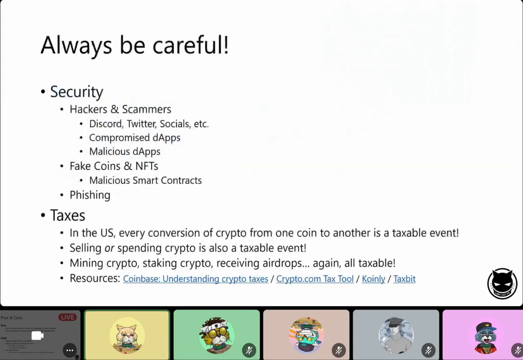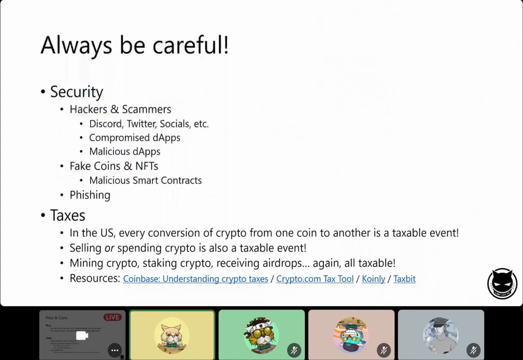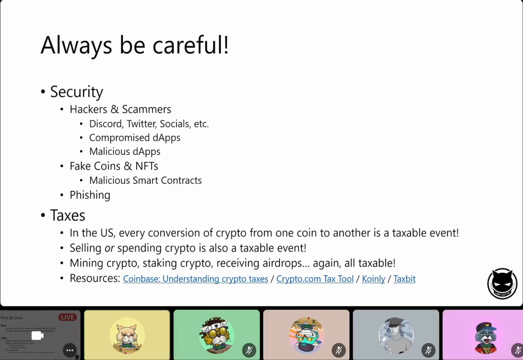And then finally, I'll leave you with the slide that's always our last slide. Again, just a reminder about the two biggest things that are going to be affecting everyone: security and taxes. Of course, security, always be careful, always be on the lookout, especially for phishing. Taxes, of course, don't forget about taxes, especially since it's tax season right now and they're going to be due in a few weeks.